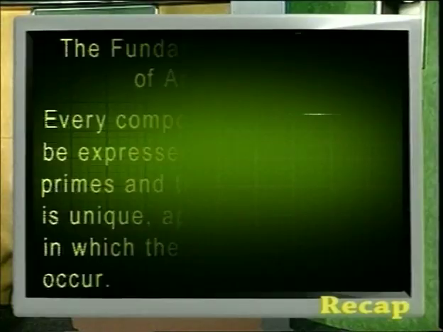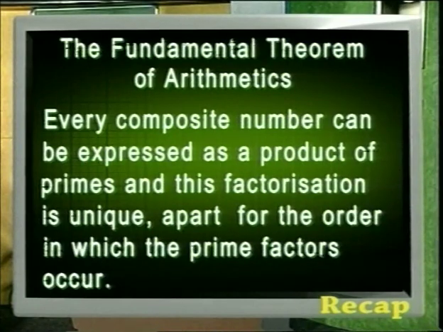Third, the fundamental theorem of arithmetic. The fundamental theorem of arithmetic states that every composite number can be expressed as a product of primes, and this factorization is unique except for the order in which the prime factors occur. And some theorems.